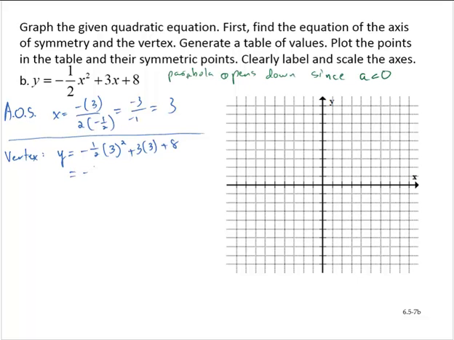So that's negative 1/2 of 9 plus 9 plus 8. Let's work with decimals here. Negative 1/2 of 9 is negative 4.5 plus 9 plus 8, which is 4.5 plus 8, which is 12.5. So then the vertex is 3, 12.5.